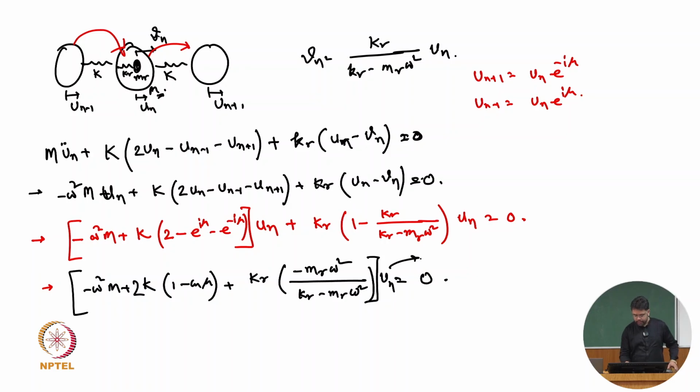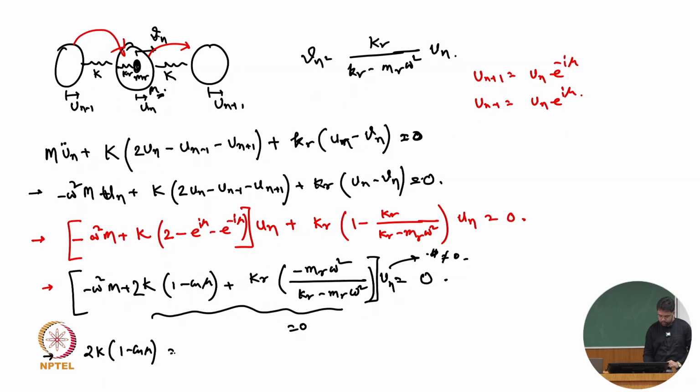So now u_n cannot be 0. So this term will only become 0. So now if this term is becoming 0, then what can we write?